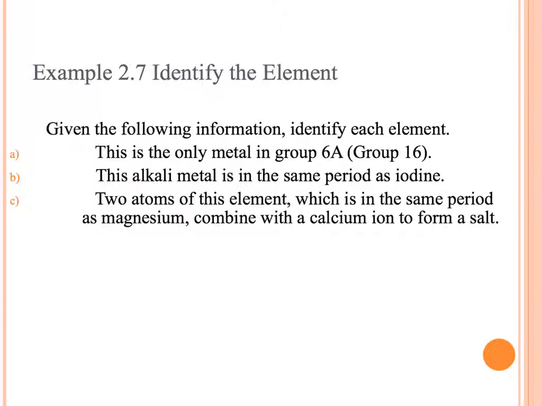And the last example here is just kind of a periodic table game, if you know your way around the periodic table. The only metal in group 6A, and 6A is group 16. We kind of call those the A group, and then the transition metals, those 10 groups in the middle, are the B group, but 16 will work fine.